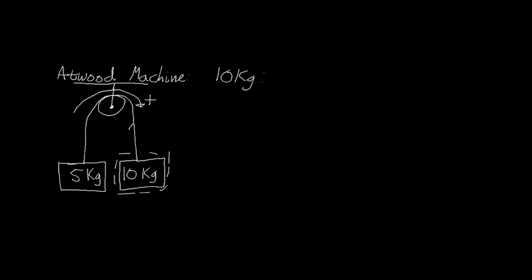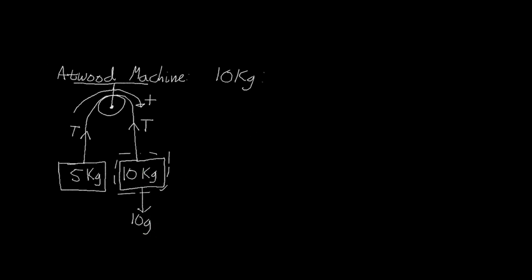First, we have to notice that the tension in the string is going to be equal. So the tension on the left hand side equals the tension on the right hand side, and that's a force. And the weight force of the 10 kilogram mass is just its mass times gravity, so it's 10g.